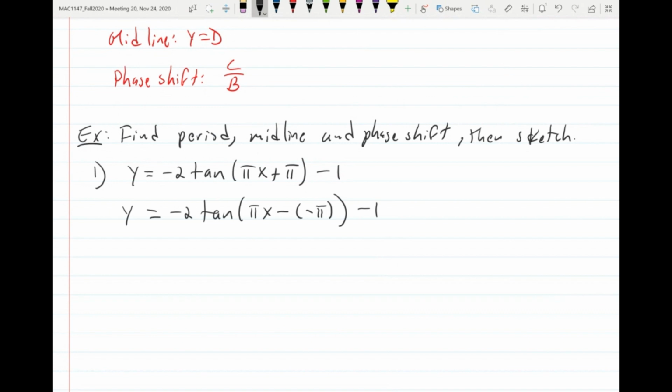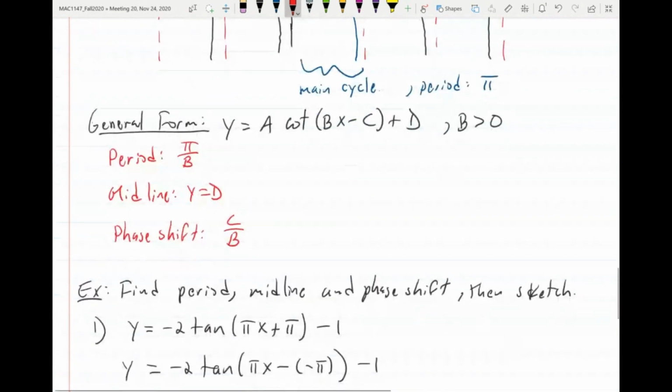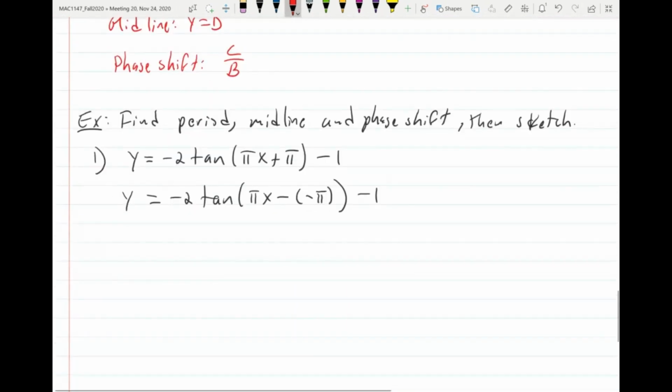And this is just so we can get the quantities correct. Okay. So notice that A actually plays no role in the formula, so there is no need to worry about A at all. All we really care about is what is B, what is C, and what is D. So here B is pi, C is -pi, and D is -1.